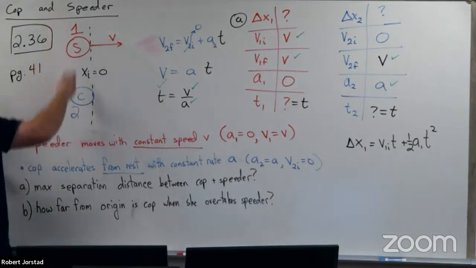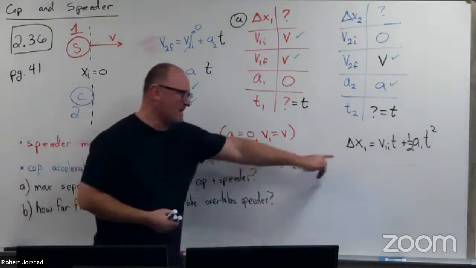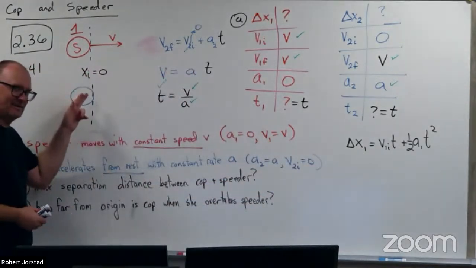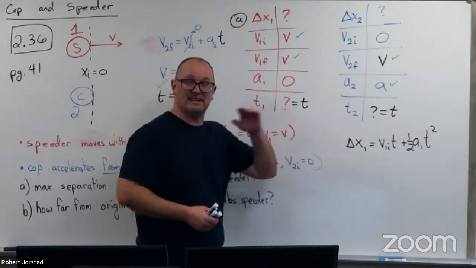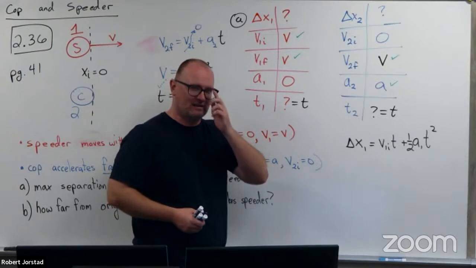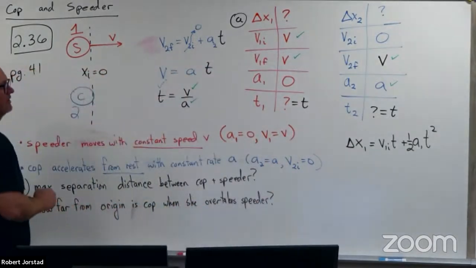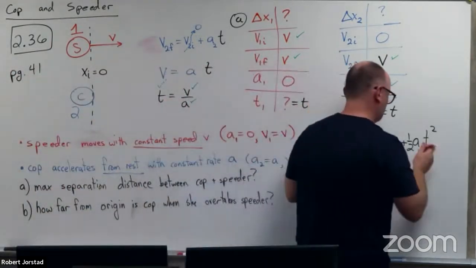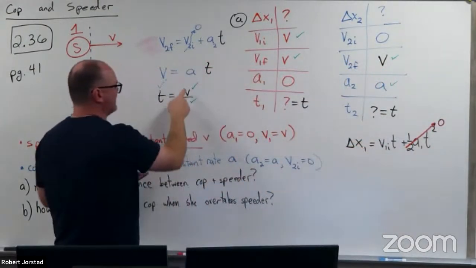Because everything's moving to the right, strictly speaking this should be a displacement, but if the initial position is 0, then delta x should correspond to distance in this case. We're pulling together everything from this whole chapter. Now, we know A1 is 0. That drops that out. My time is V over A.